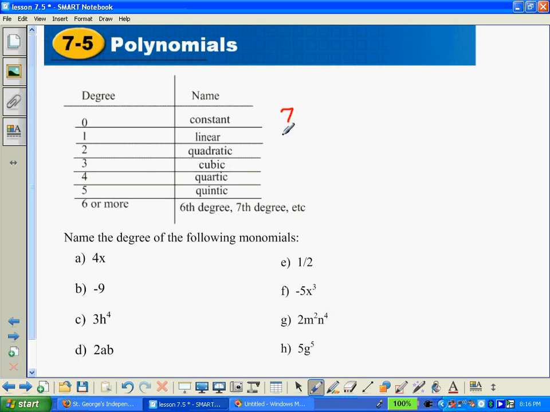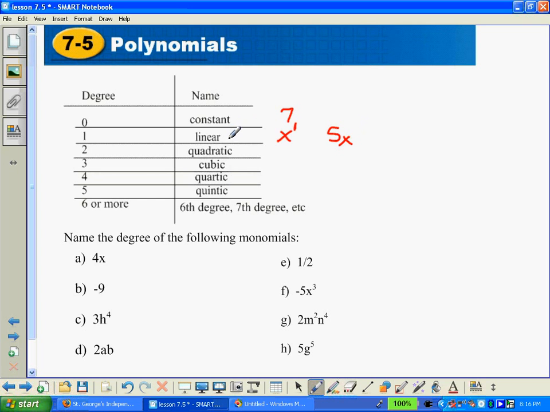You could have a coefficient in front of that x. You could have 5x. The exponent of the variable is 1, so it's linear. Again, degrees are all about the exponents of the variables. If something's degree 2, it means variables have an exponent of 2, like 5x squared. That's quadratic.